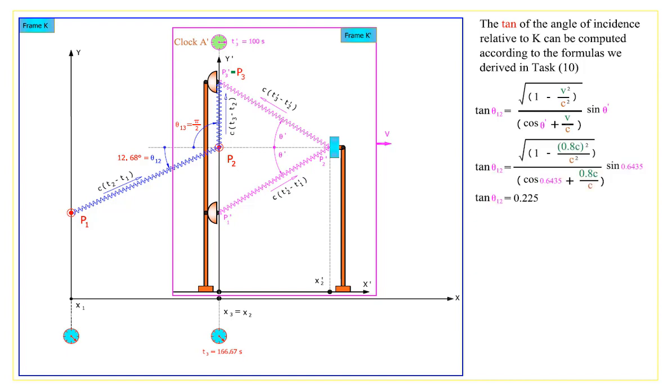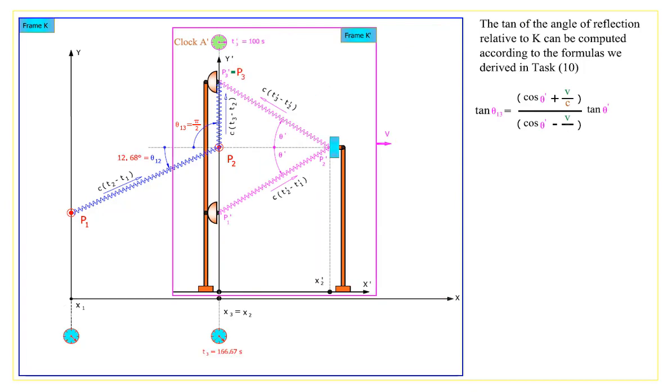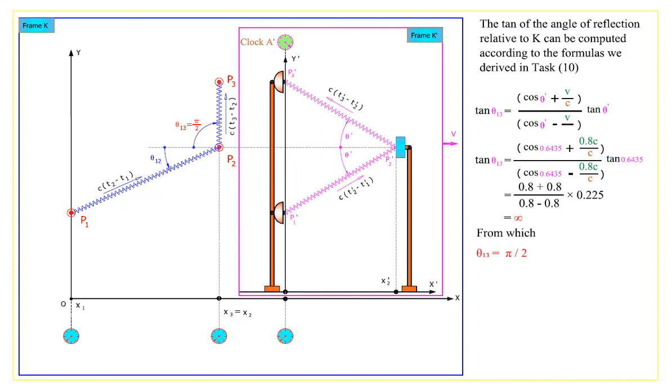We substitute that in the angle of incidence formula, from which we obtain θ12 equals arctangent 0.225 equals 0.22131 radian equals 12.68 degrees. The tangent of the angle of reflection relative to k can be computed according to the formulas we derived in Task 10, from which we find θ13 equals pi over 2.